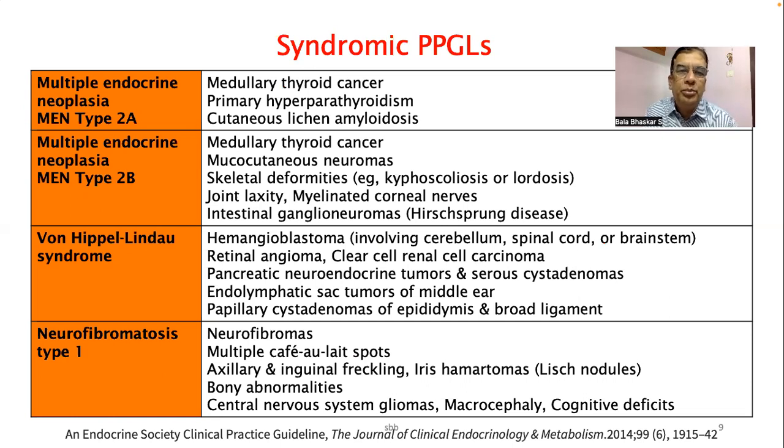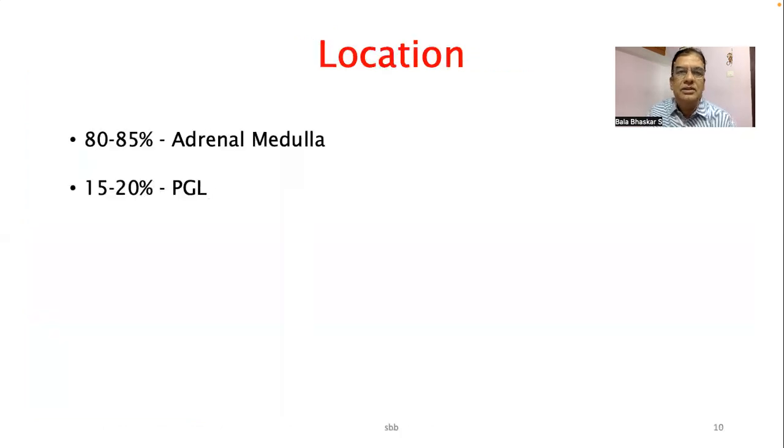MEN type 2B could be associated with medullary thyroid cancer, mucocutaneous neuromas, skeletal deformities, joint laxity, etc. Von Hippel-Lindau could be associated with multiple manifestations, including hemangioblastoma, retinal angioma, and papillary cystadenomas of the epididymis and the broad ligament, so multiple organs are involved. Neurofibromatosis type 1 will be associated with neurofibromas, multiple bony abnormalities, CNS abnormalities, and others.